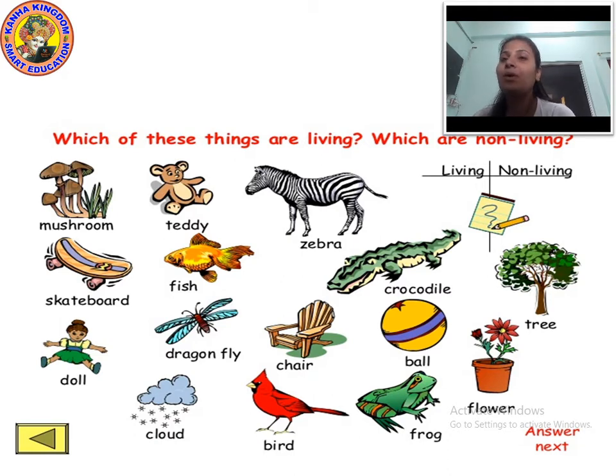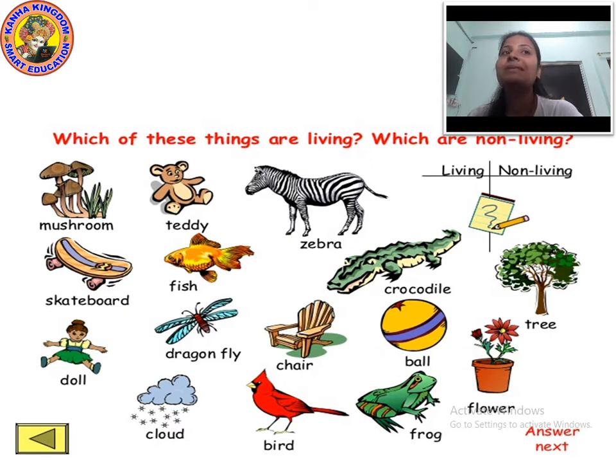Why? Because they need food, they need water, and they can grow. They also breathe. Animals are living things, so zebra is also a living thing.